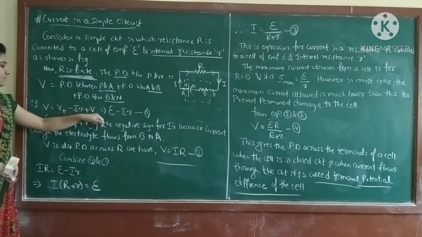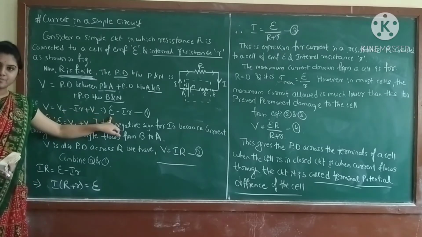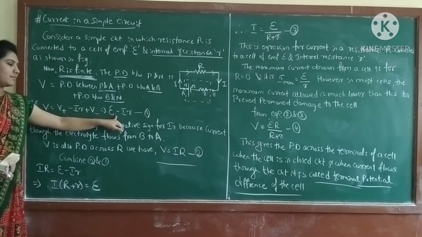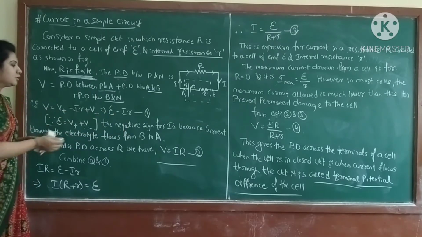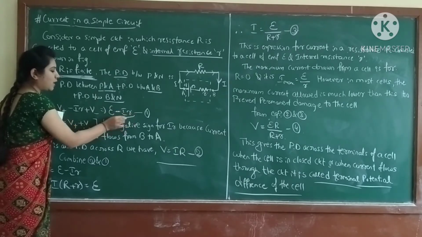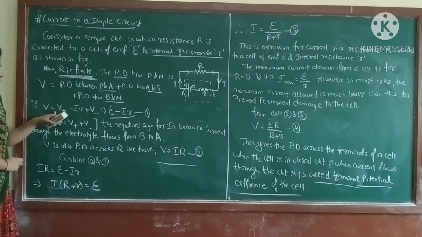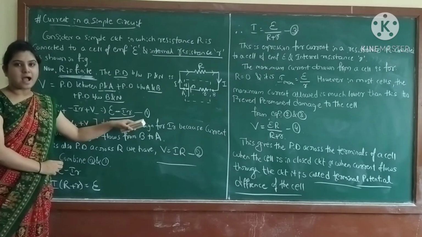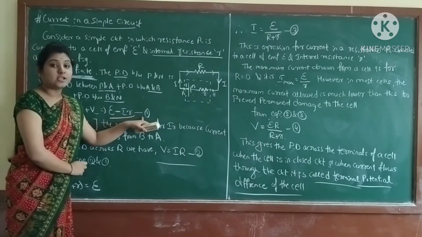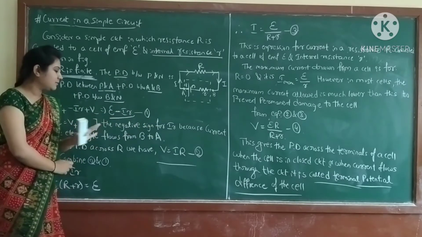So B plus minus B minus is nothing but E here, then minus Ir as usual. So we get the formula like this: V is equal to E minus Ir. Take it as equation number 1.